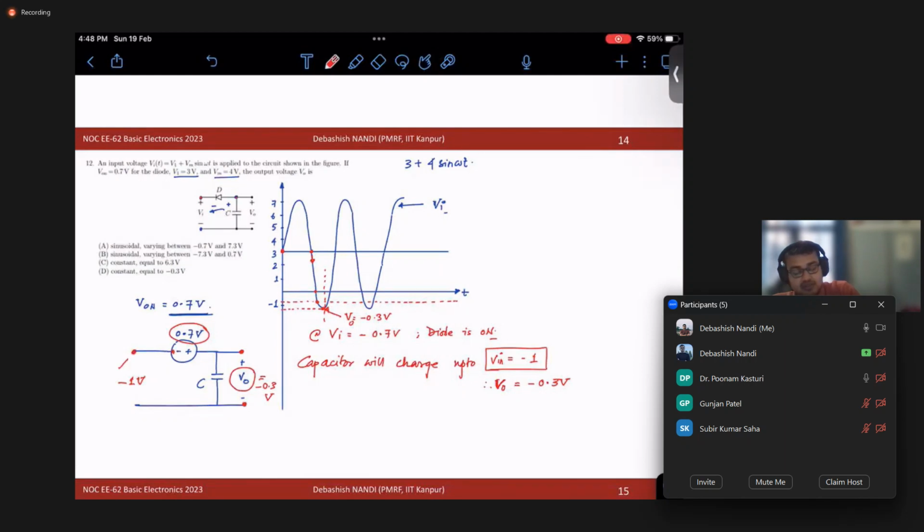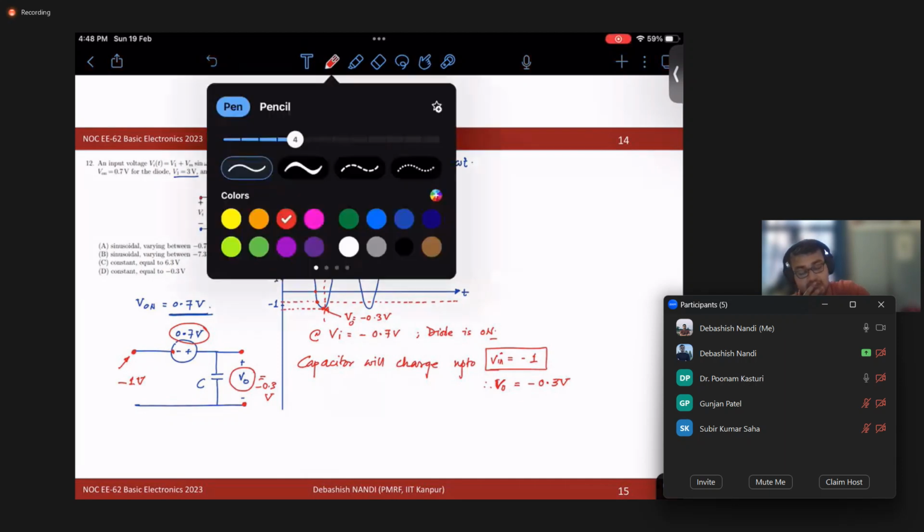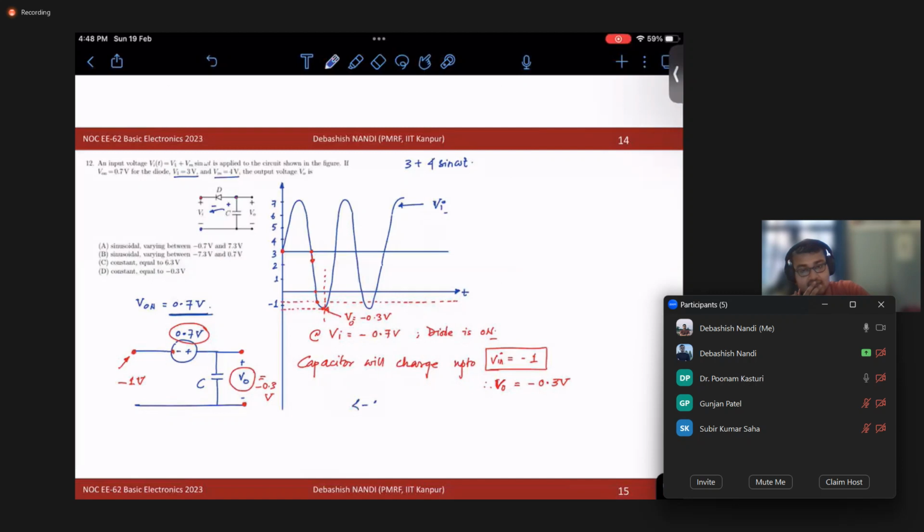This is minus 0.3, so it has to go less than minus 1 volt. My V in needs to be less than minus 1 volt when V naught is storing 0.3 volt.